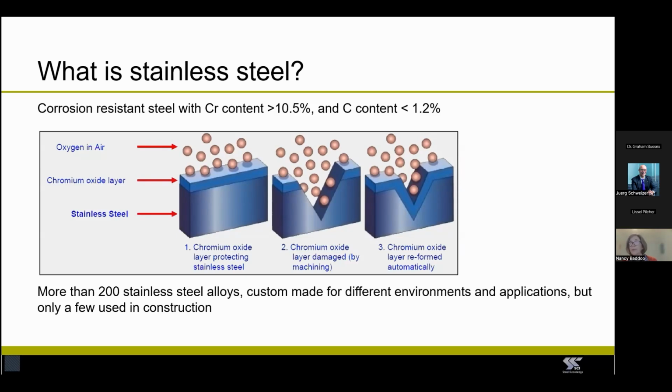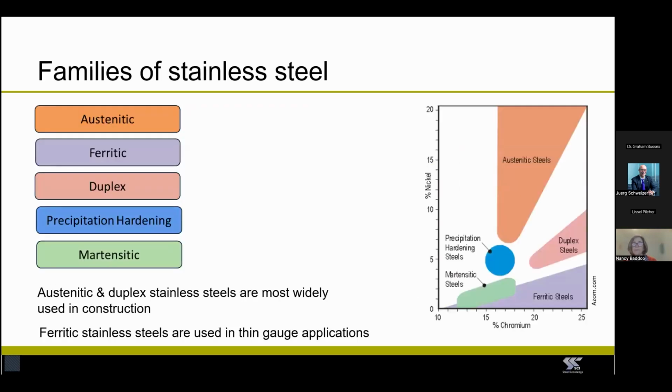Now, there are lots of different stainless steel alloys. Many have been custom made for different environmental conditions, but only a few are used in construction. Stainless steels are grouped into these families I show here, and the families have different microstructure and mechanical and physical properties, and corrosion performance in different surface environments.